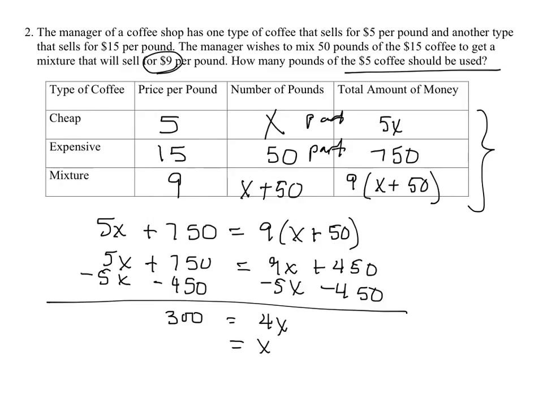Dividing both sides by 4, 300 divided by 4 is 75. I'm just checking myself. All right. So the sentence: we need 75 pounds of the cheap coffee.